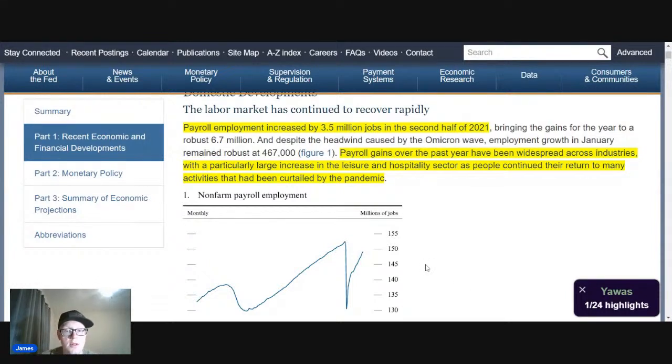Okay, so starting with employment, payroll employment increased by 3.5 million jobs. And by the way, the monetary policy reports are semi-annual, right? If you didn't watch the previous video, this is for the second half of 2021. I believe it's July to now, or whenever it was.